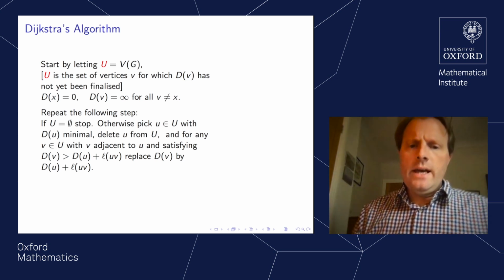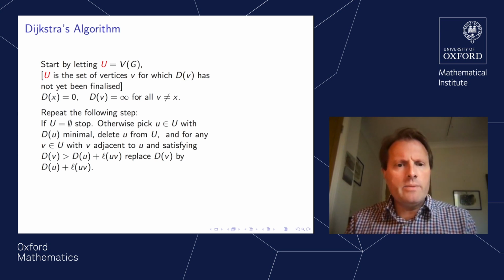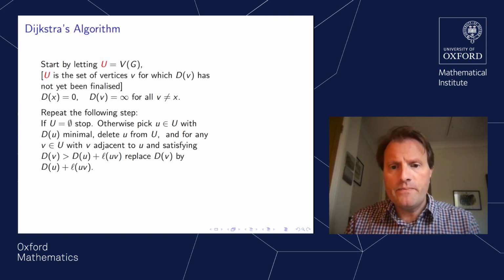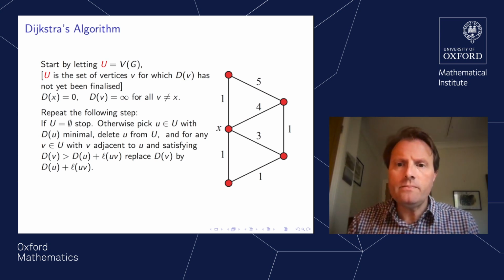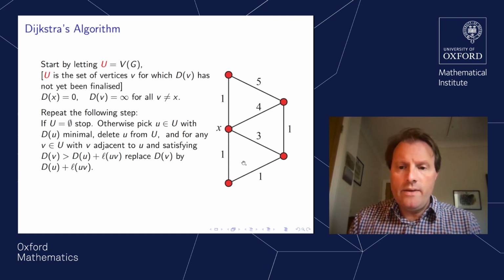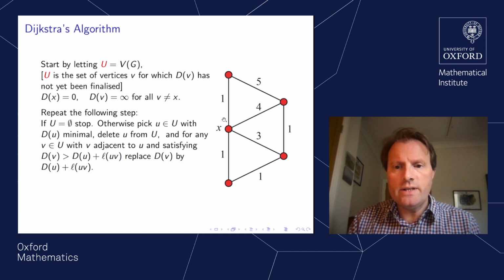Okay, so it might not be obvious what the algorithm is doing. It's really best to look at an example to start to get a feel for how this algorithm works. So here's our example. Here is our graph with the lengths assigned to its edges, and here's our vertex x.